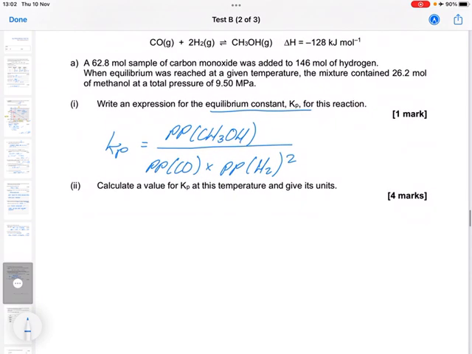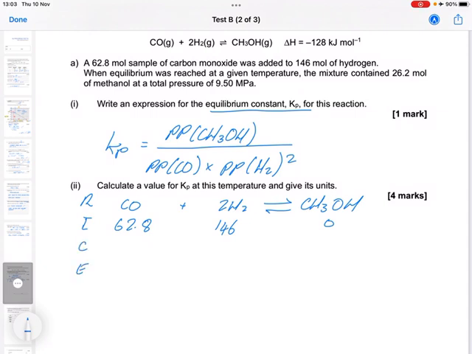Right, so this is going to be a Rice calculation. So CO plus 2H2 is in equilibrium with CH3OH. The ratio is in the equation. The initial amounts, so I've got 62.8 of this, 146 of this, and none of this at the start.